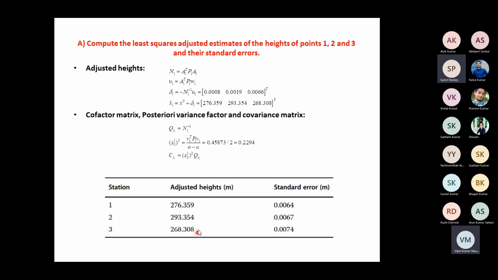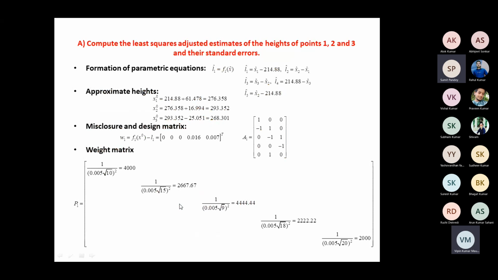If you want to get the actual misclosure, because that was not the actual one, then you have to put these 3 adjusted heights in these equations. Then you will get the actual misclosure. It is not the actual one. It is on the basis of approximate heights, and it will definitely change.